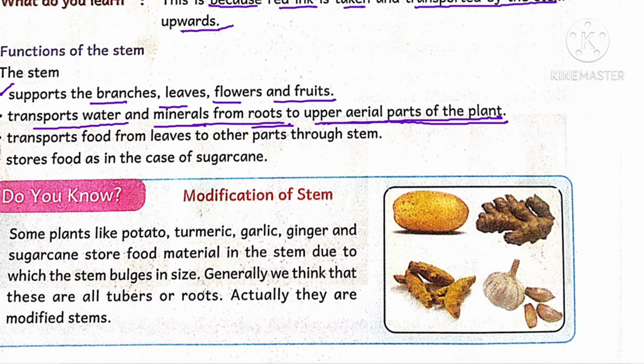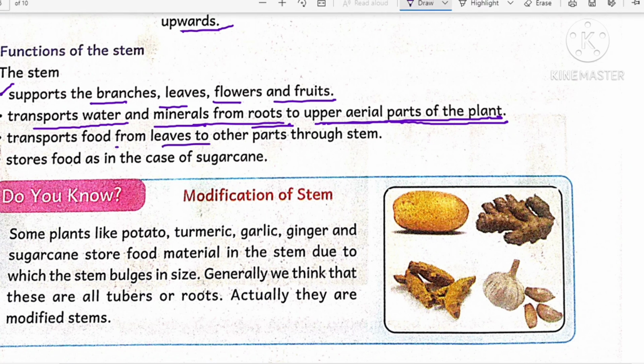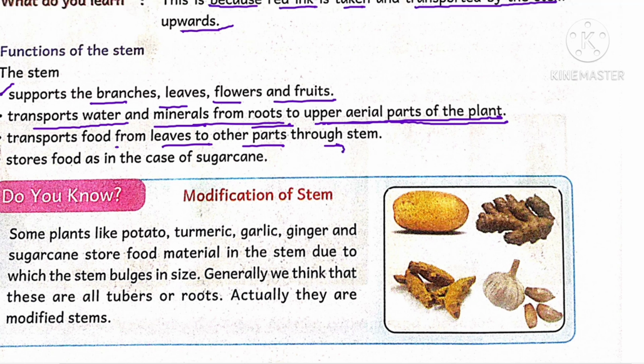Not only does it transport water and minerals, it also transports food from the leaves to the other parts through the stem. It even sends food materials to the root, and stores food, as in the case of sugarcane. Take sugarcane for example: what can we eat?